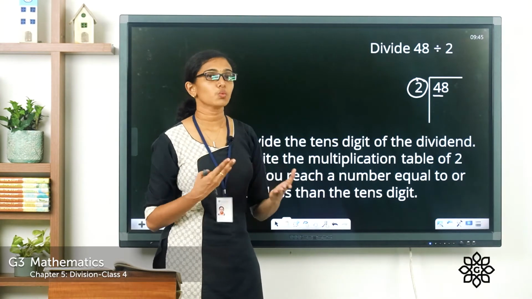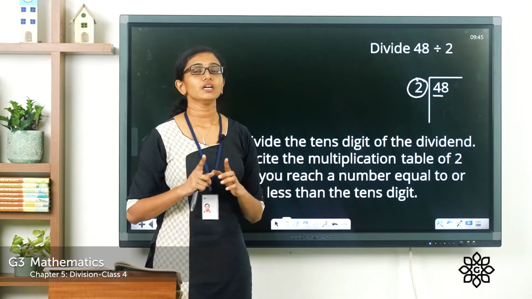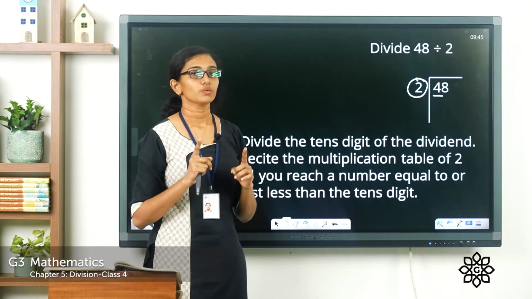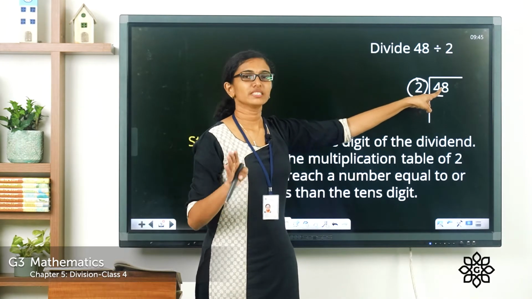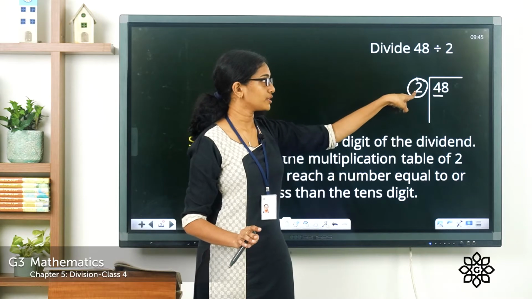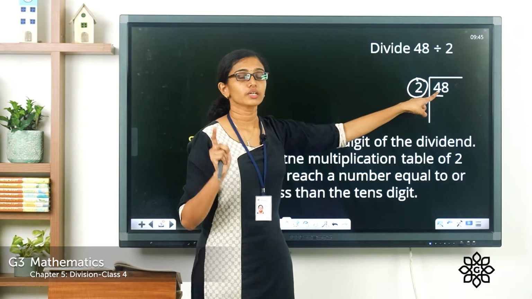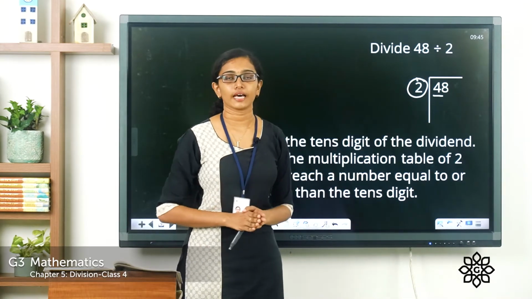To find out what 4 divided by 2 is, let's recite the table of 2 till you reach a number which is either equal to the number we are considering here or just less than that. So you have to recite the table of 2 till 4 or just less than 4.